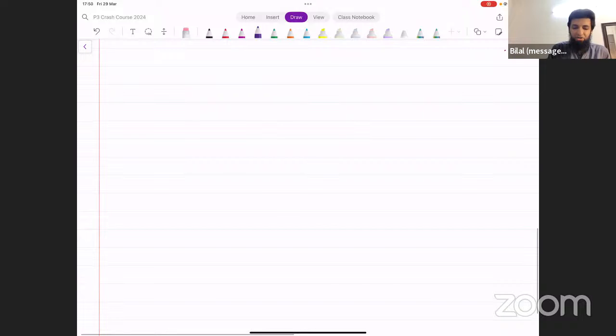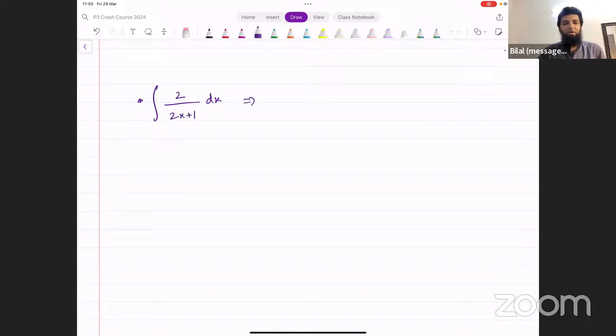Let's say you have a fraction that looks like this: 2 over 2x plus 1. You want to integrate this. How do you integrate this? You see, this is that form. What's the derivative of 2x plus 1? Derivative of 2x plus 1 is 2. So the numerator is the derivative of the denominator.